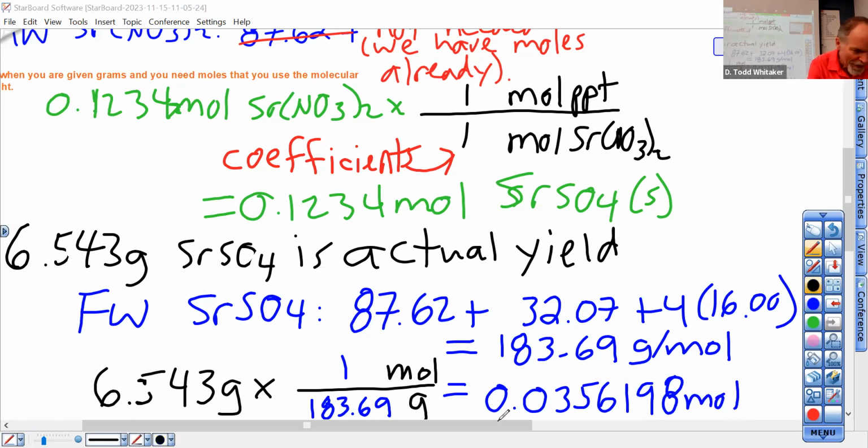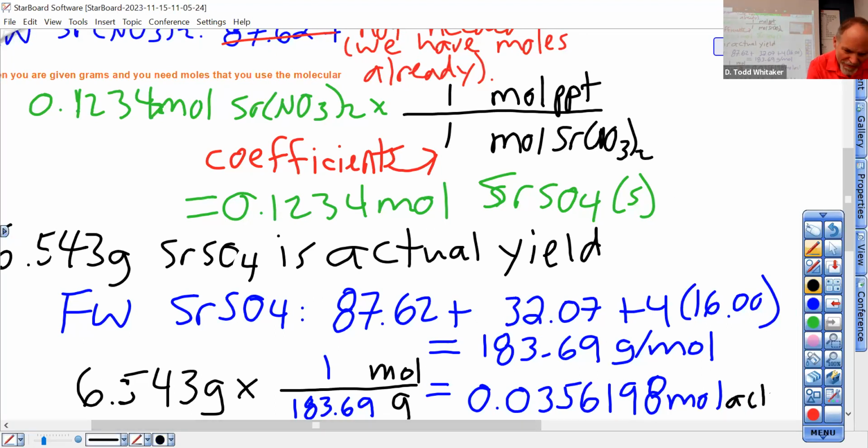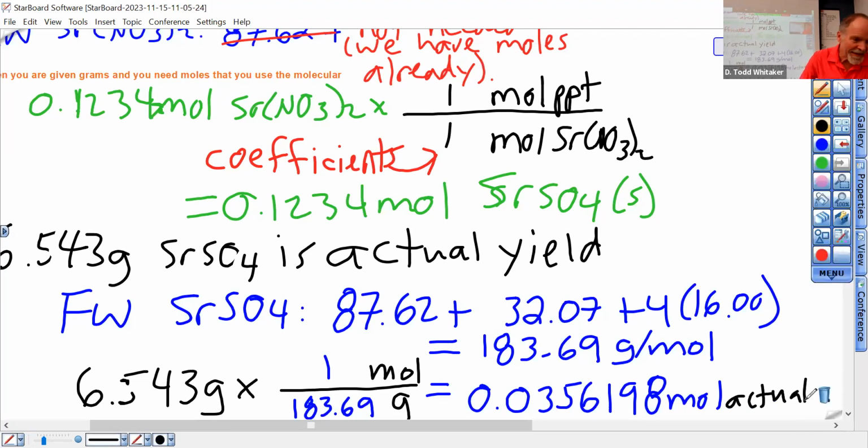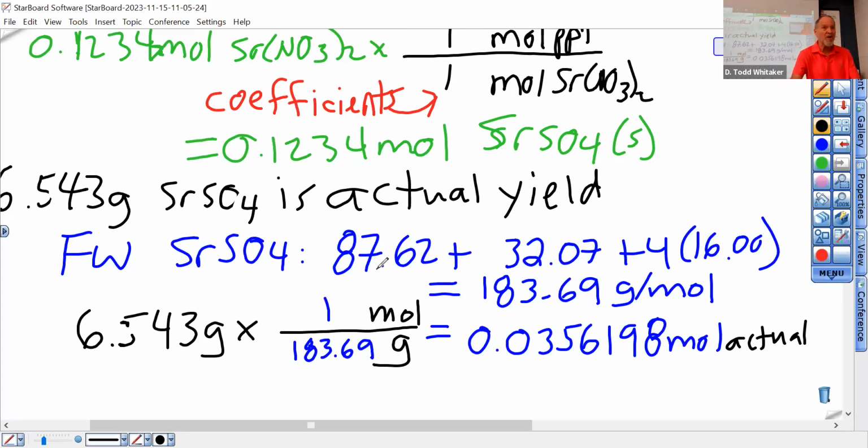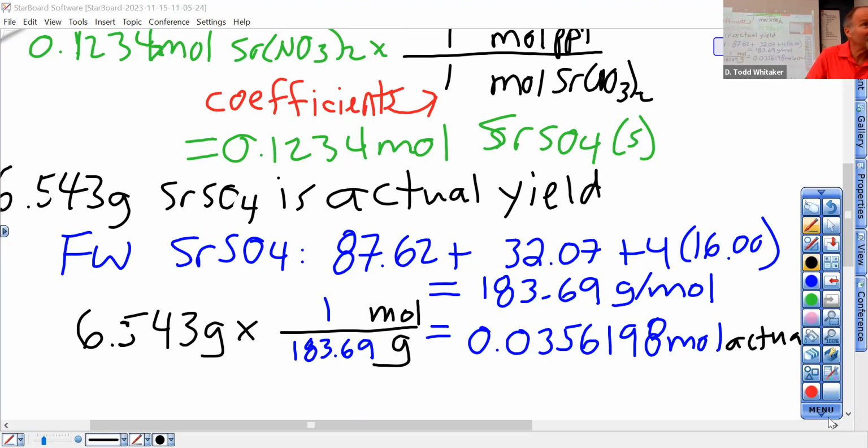Can you remind me how I know it's actual? It said in the question 6.543 grams were actually produced, correct? Well, you can write it in grams or moles, and it's still the actually produced chemical. So I need the percent yield calculation with the units matching so they can cancel. Don't do grams over grams because then you're going to have to do one more calculation. I got the moles right now. Let's use that.